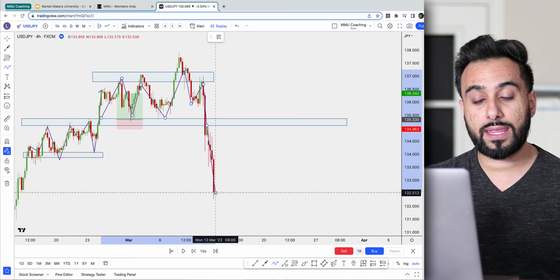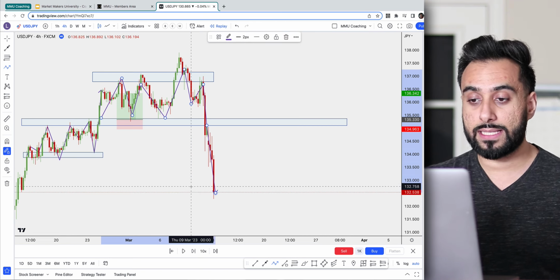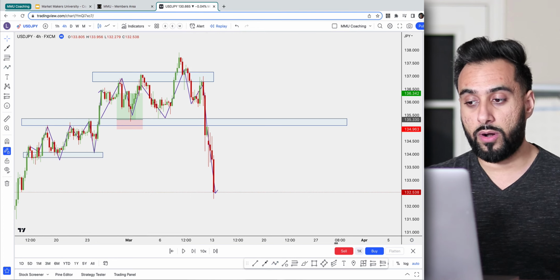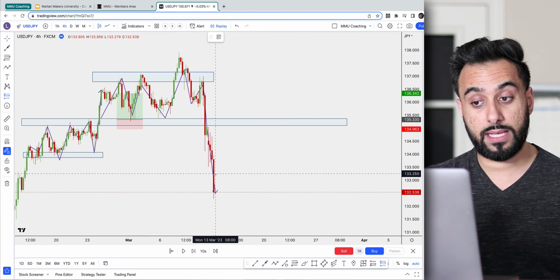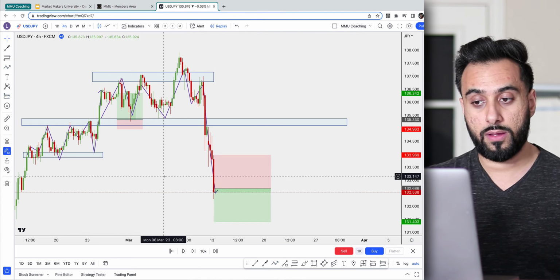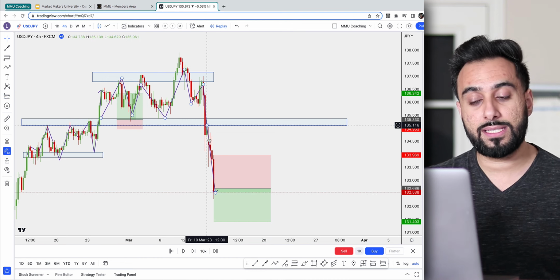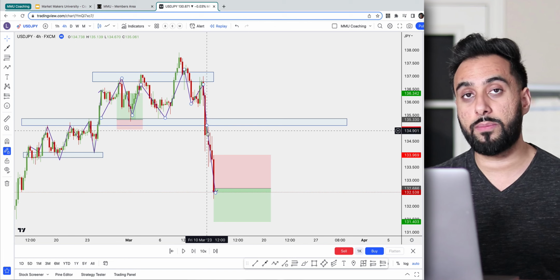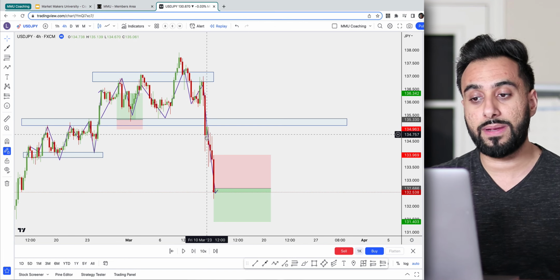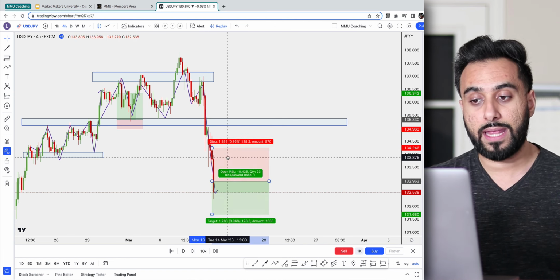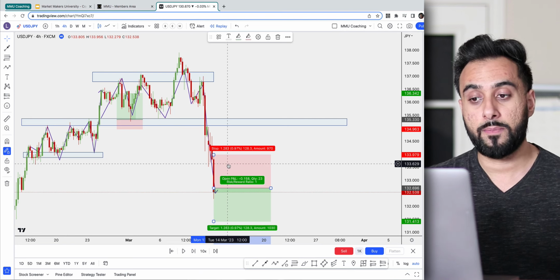So just like the example I gave you previously, as in it wouldn't be smart to enter now, in this case, a sell. It wouldn't be smart to enter a sell in the down direction here, because this would be us chasing the trade. This is what newbie beginner traders do. They see their price coming down and they want to chase that trade and they don't want to miss out.